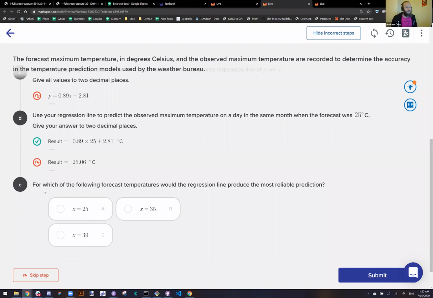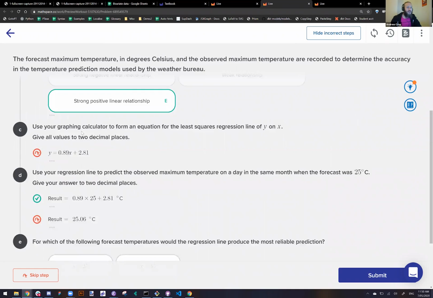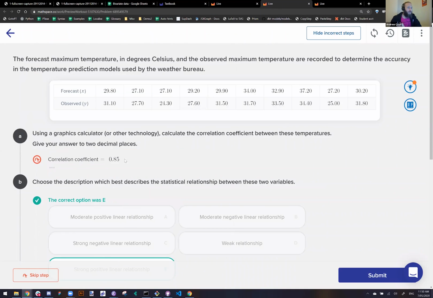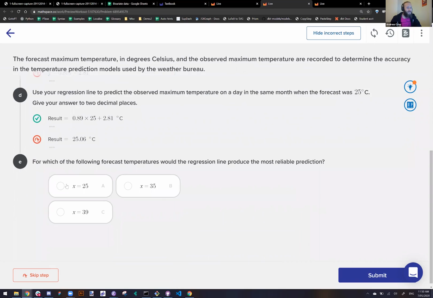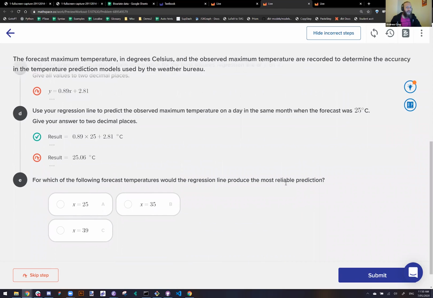Final question. For which of the following forecast temperatures would the regression line produce the most reliable prediction? Okay, we already figured out that the prediction was pretty good up here. We got 0.85. But this question here is asking us about whether or not our prediction is going to be an interpolation or an extrapolation.